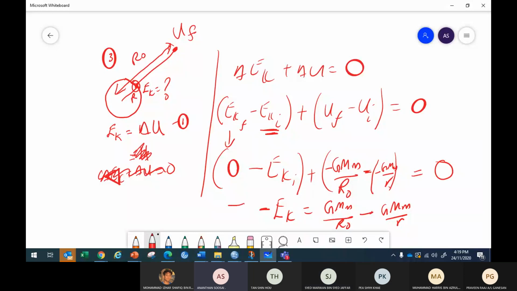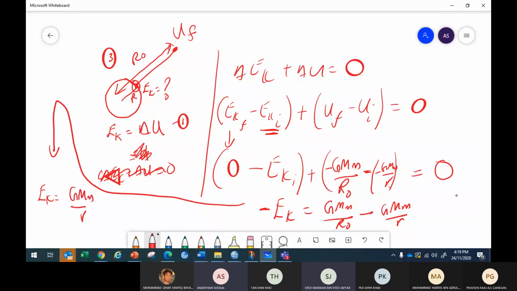Another step, the negative goes to the other side. So EK required will be GMm over R minus GMm over R naught. Yeah, okay. So what is the EK required? Can you substitute the values? And this is capital R naught. So what do you get?